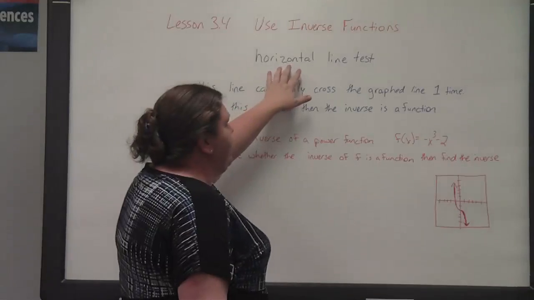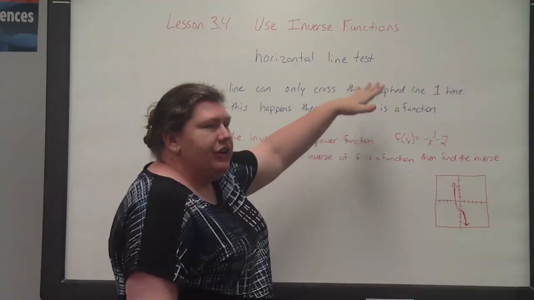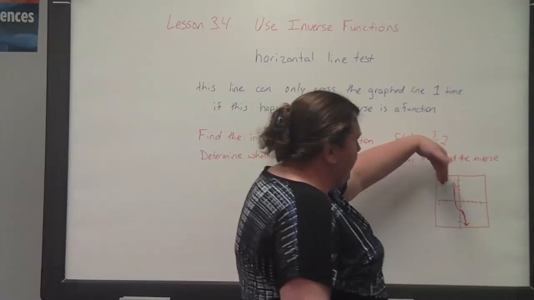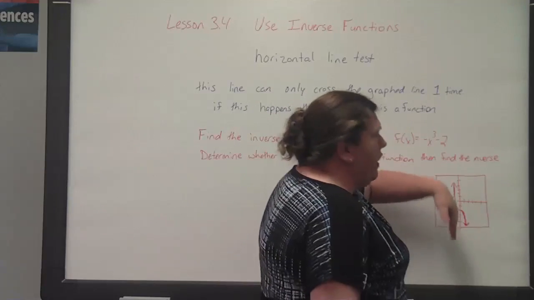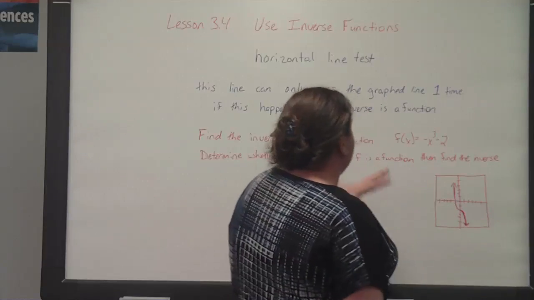The last concept we want to look at today involves using a horizontal line test. Now, we have used a vertical line test before, which means we are going to go through the x-axis going straight down to see if something is a function.